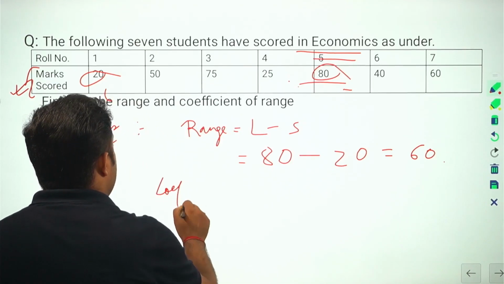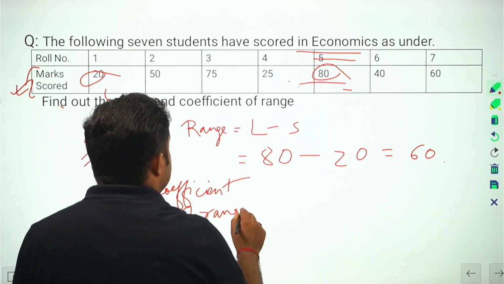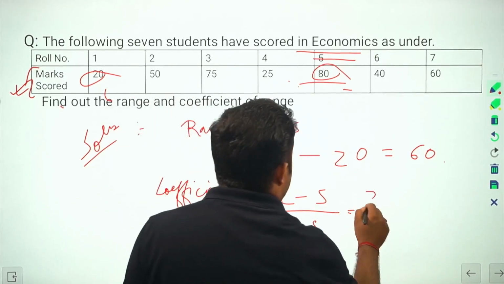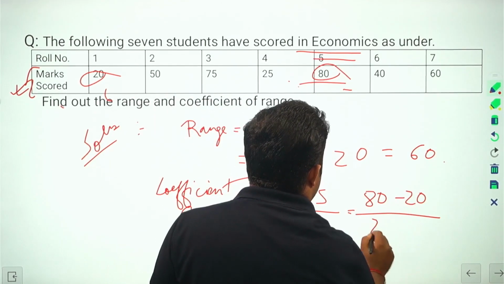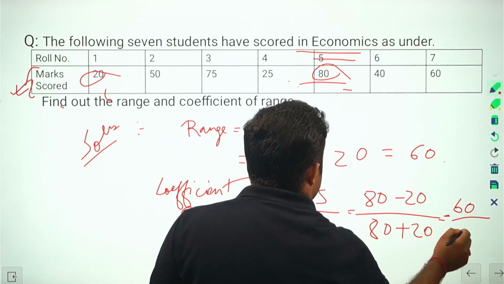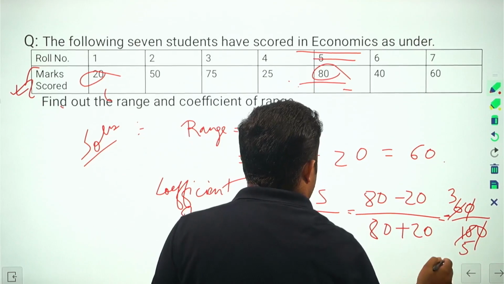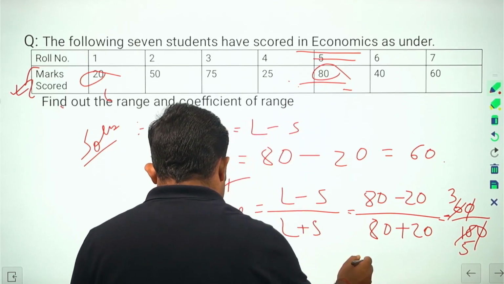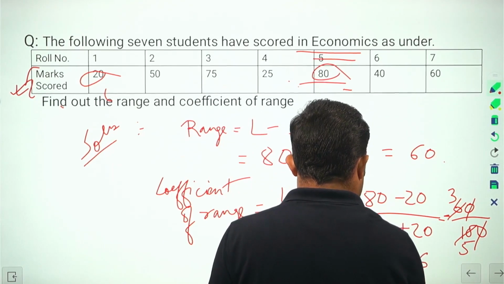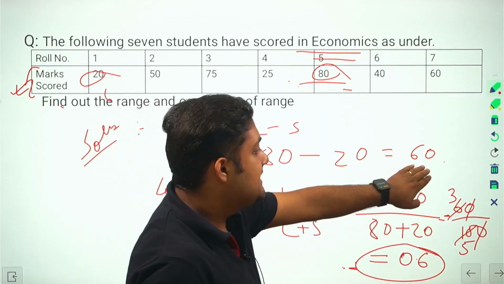And coefficient of range is L minus S divided by L plus S. So 80 minus 20 over 80 plus 20, that is 60 over 100, cancel the zeros, 3 by 5. Calculate 3 by 5, it is 0.6. So 0.6 is the coefficient of range, 60 is the range.